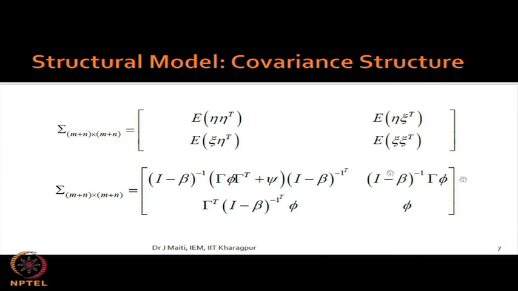So, let us go to this slide. Ultimately, this is the covariance structure, and I have already shown you the derivation of this covariance. So, the structural model in SEM and the covariance structure look like this in terms of the parameter values. Okay.